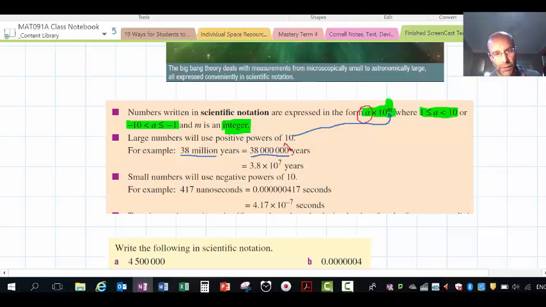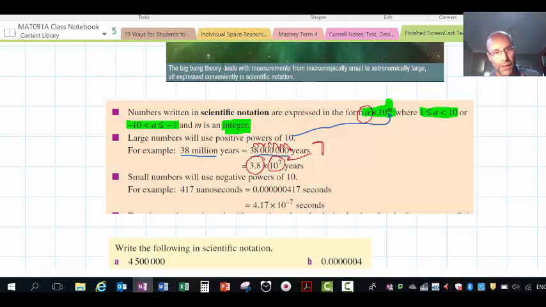That means we're moving this many places: 1, 2, 3, 4, 5, 6, 7 places. We've moved 7 places and we get the number 3.8. Now for 3.8 to have the same value as 38 million, it needs to be multiplied by 10 to the power 7, which is 10 million. So that's where that 7 came from before.